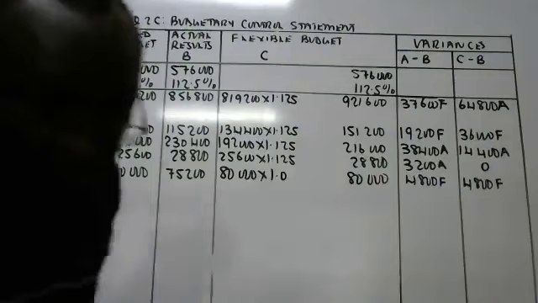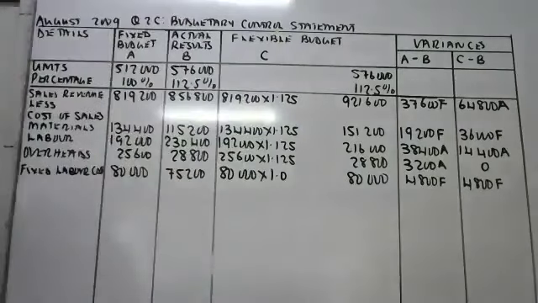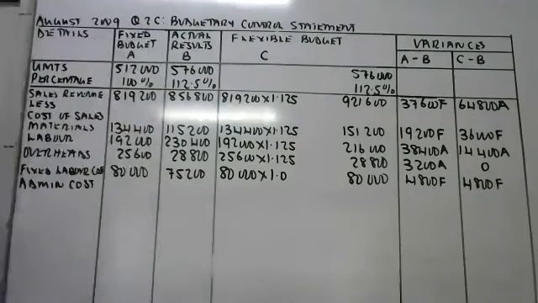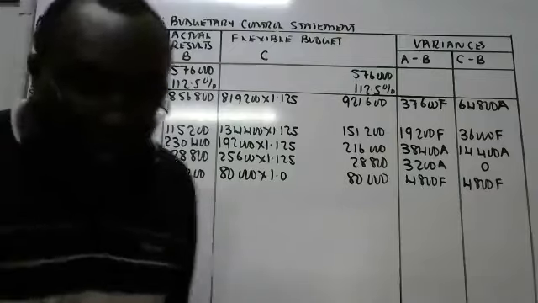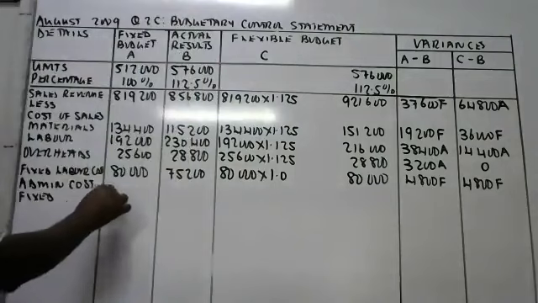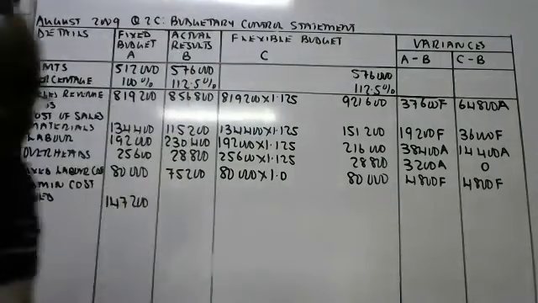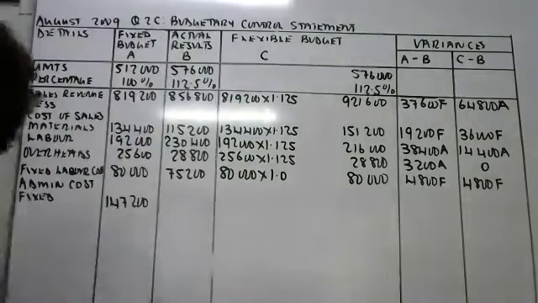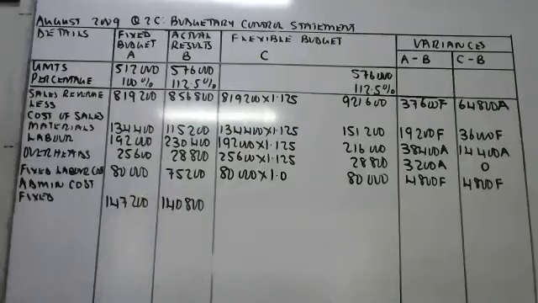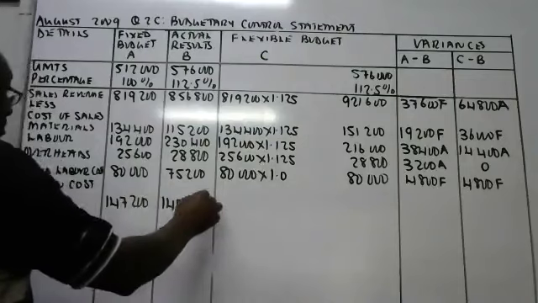Next is admin costs. So the admin costs, we have the fixed. Now the fixed ones are 147,200 and 148,800. Is it variable?